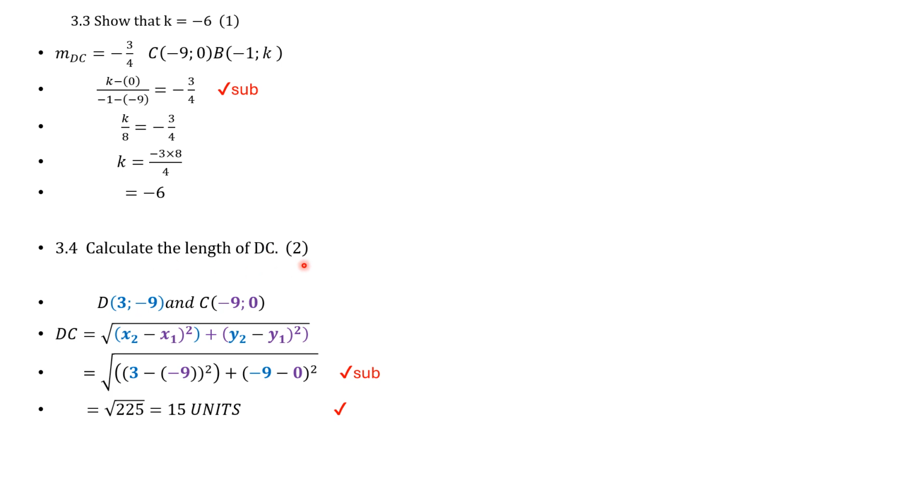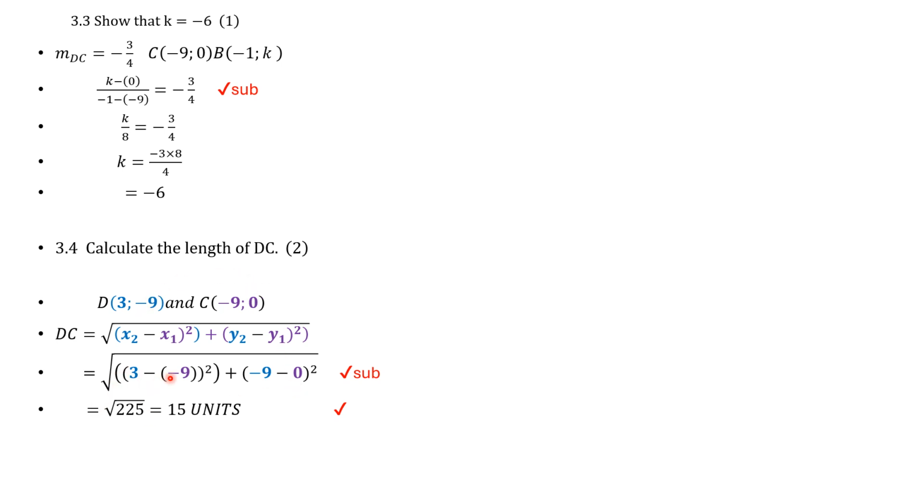Right, now calculate the length of DC. So it's straightforward. We still remember T is (3, -9) and C is (-9, 0). Using the distance formula, TC equals the square root of (x2 minus x1) all squared plus (y2 minus y1) all squared. So from here my x values are 3 and -9, and -9 and 0 for my y values.